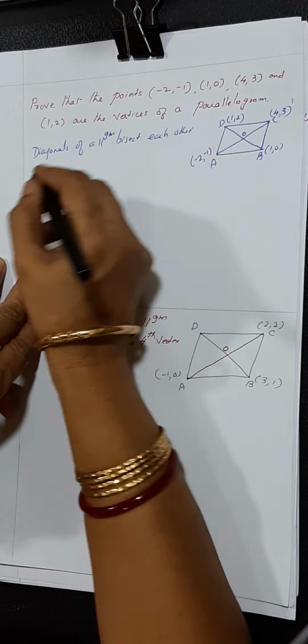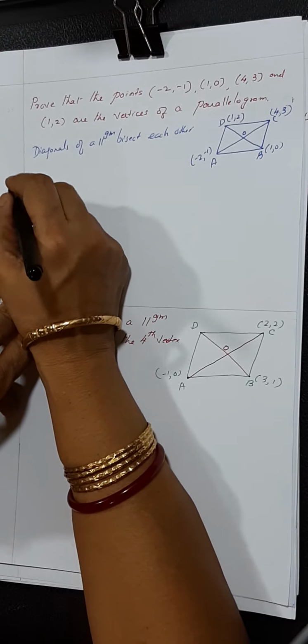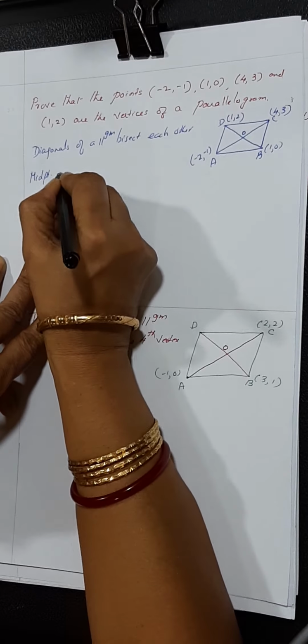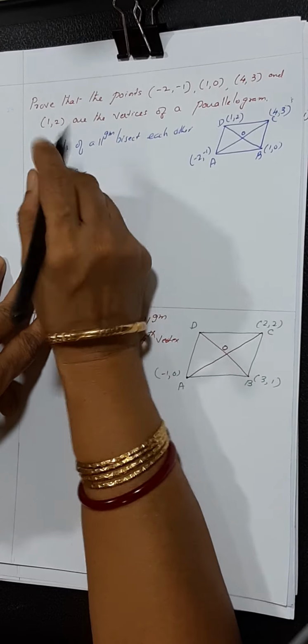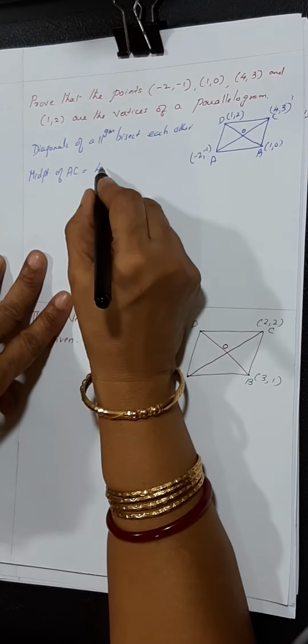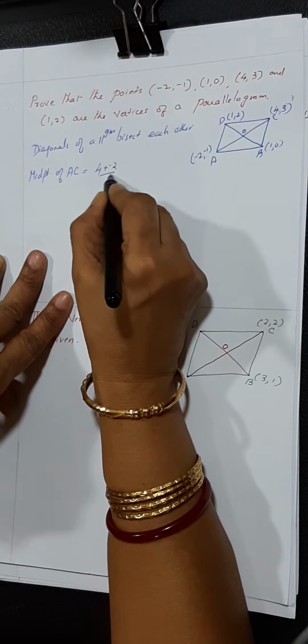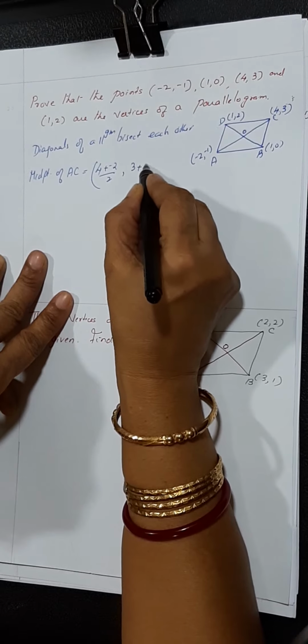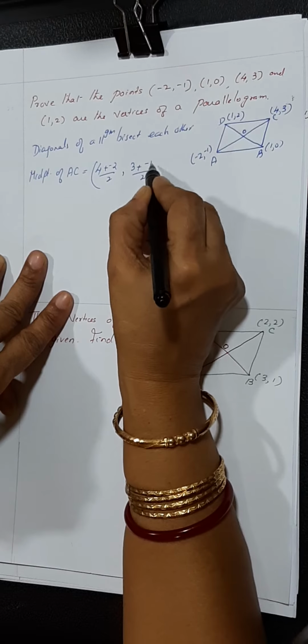So we will find the coordinate of the midpoint of AC, which is, if you take 4 plus minus 2 by 2 and 3 plus minus 1 by 2.